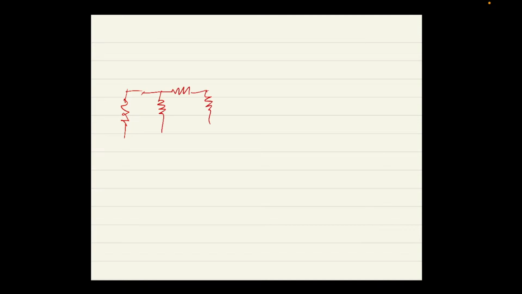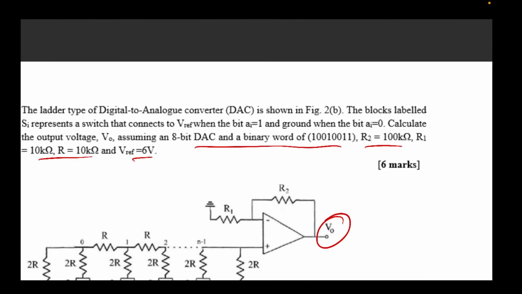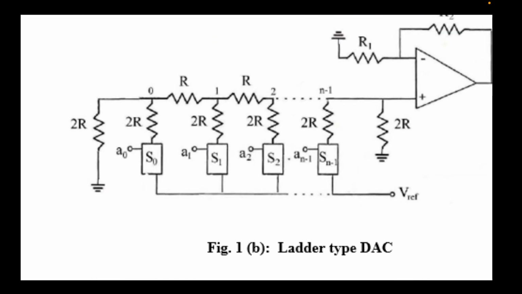And the very cool thing with them, and why it's also called an R2R ladder, is every top resistor is of value R, every down resistor is of value 2R. All right? And if we double check the diagram, that is so.